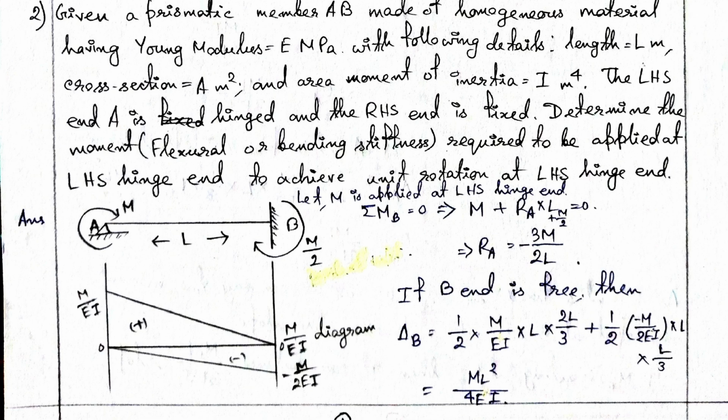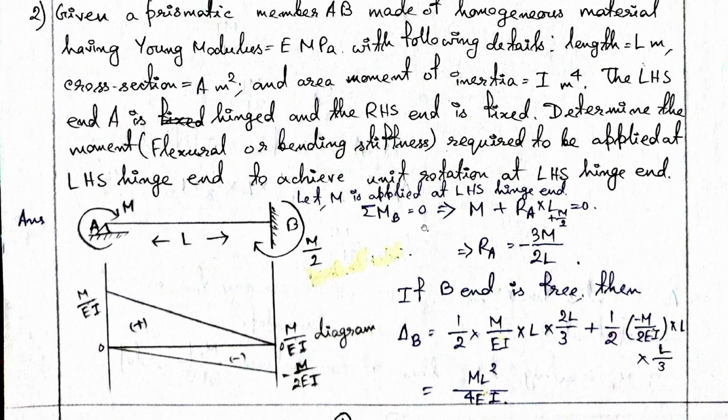So if you want to understand it, first draw the bending moment diagram, then divide each and every value of that bending moment diagram by EI. That's how you will get M by EI diagram. Okay, now we calculate summation MB equals to 0.